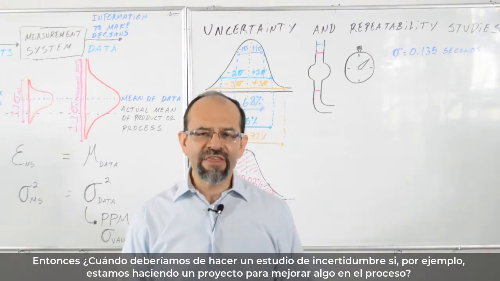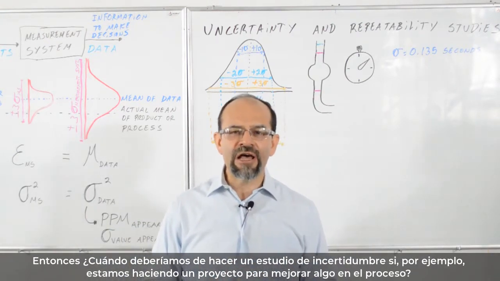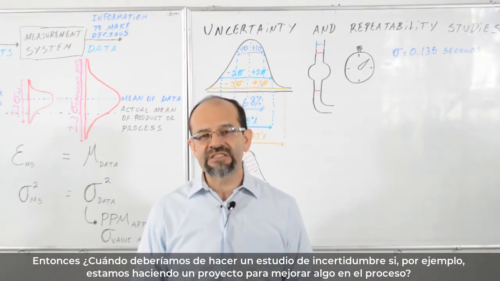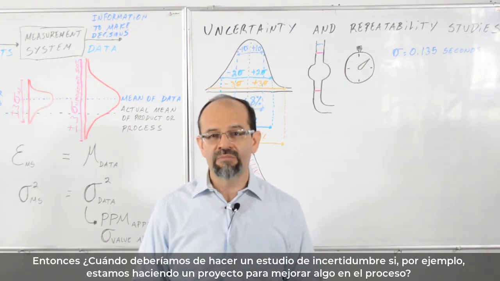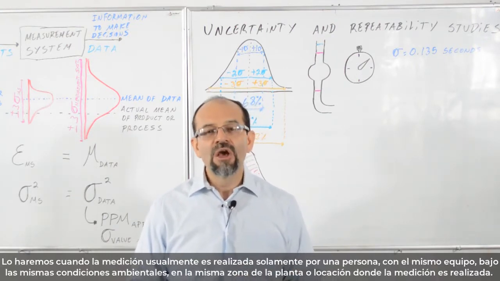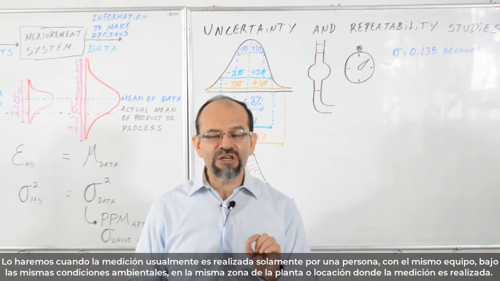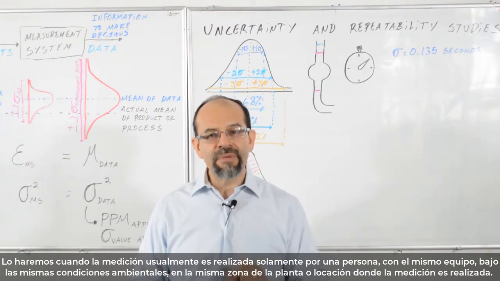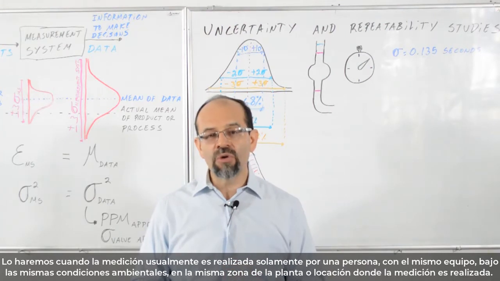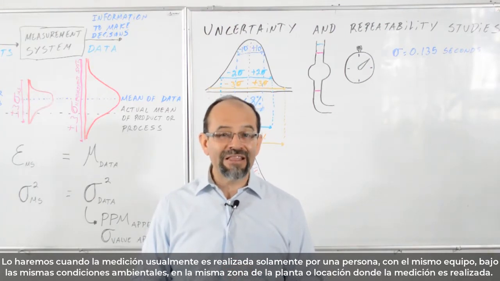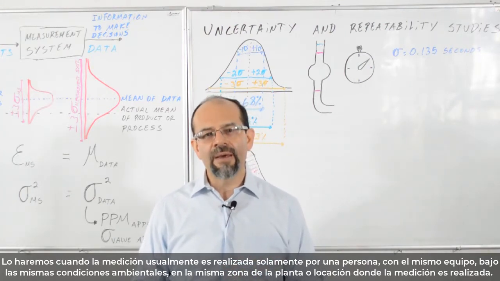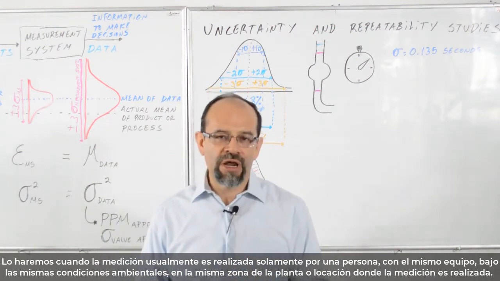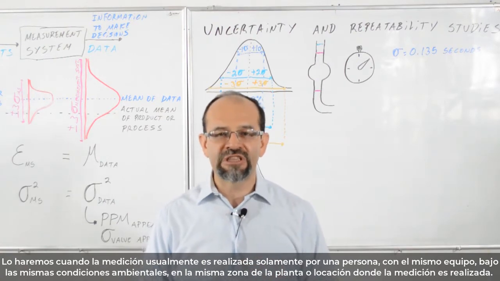Then, when should we use an uncertainty study if we are doing, for instance, a project to improve something in the process? Well, usually when the measurement is done only by one person, with the same equipment, under the same environmental conditions, in the same part of the plant, or any place or location where the measurement is done.